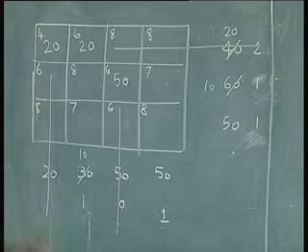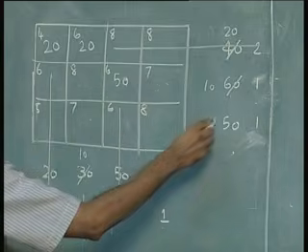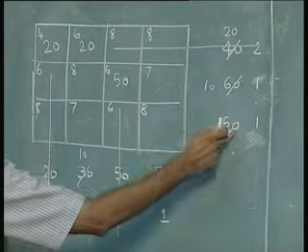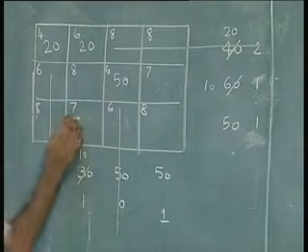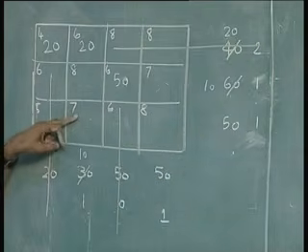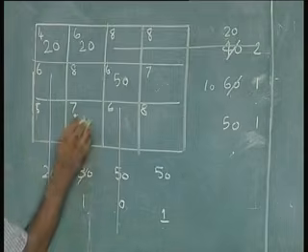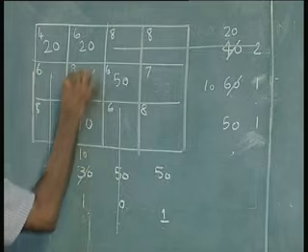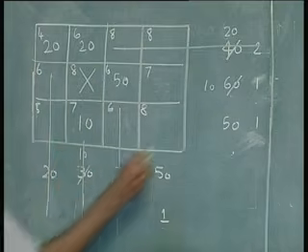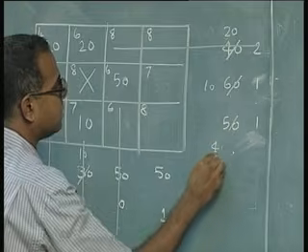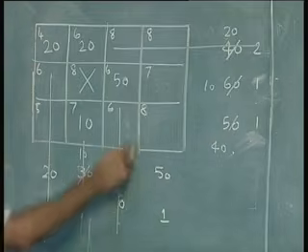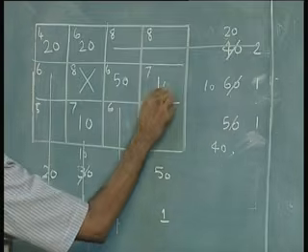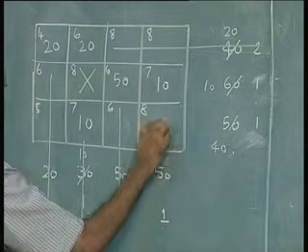For example, if I choose this one, then this becomes the minimum cost position. I get a supply of 50, requirement of 10, so I put a 10 here, this goes, 50 becomes 40. Now we have only 2 positions, I have 10 and a 40, so this 10 will go here, this 40 will go here.